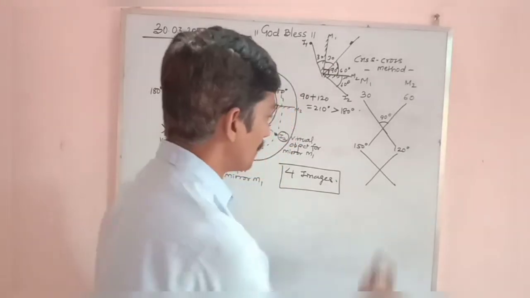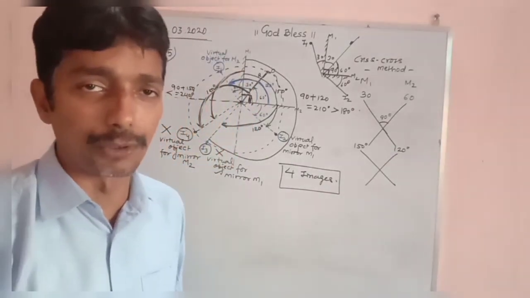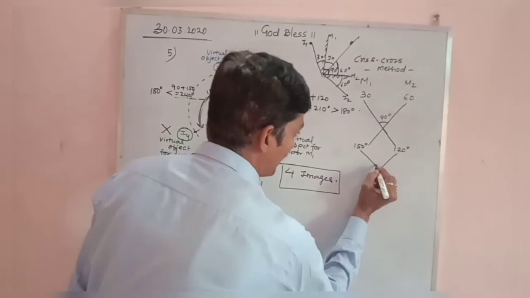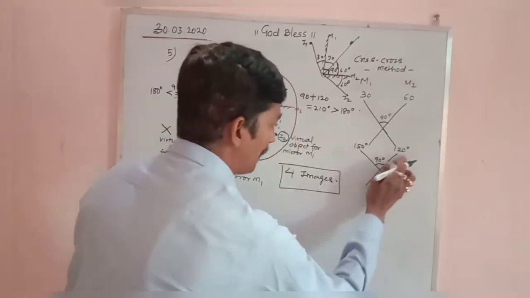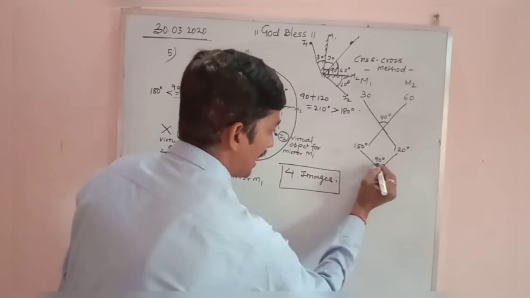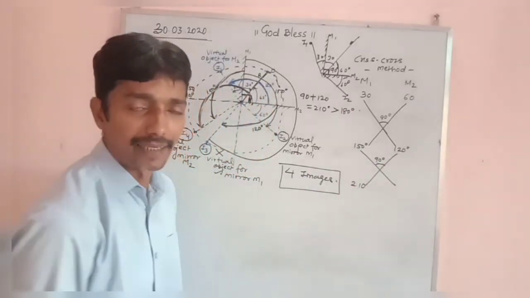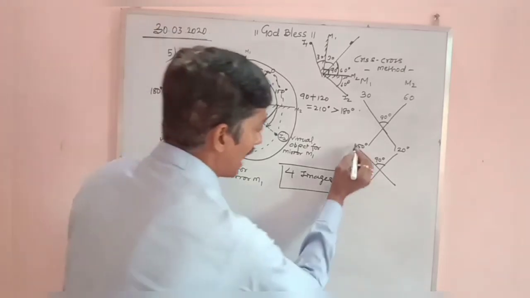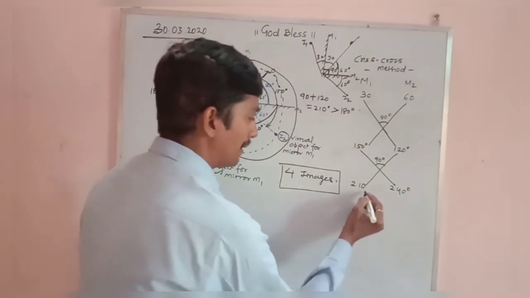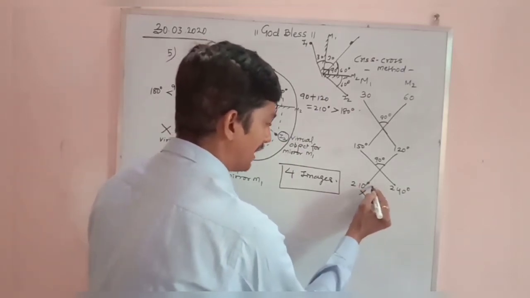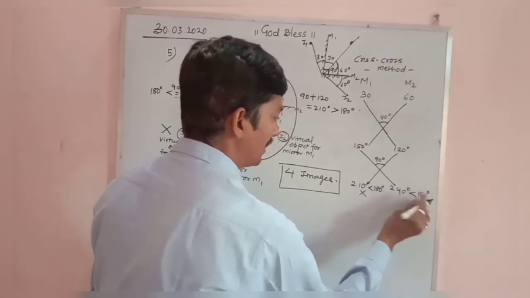Okay. Now let's see here, and then I will tackle some other problems with other situations also. Again, 90 degrees between the two mirrors. So now 90 plus 120 is 210, and 90 plus 150 is 240. It means 210 is exceeding 180, and 240 is also exceeding 180.